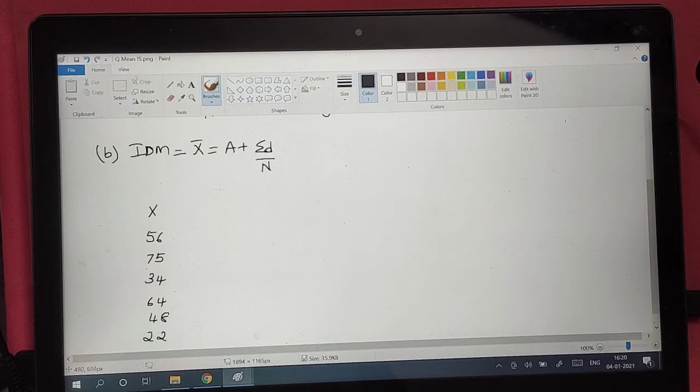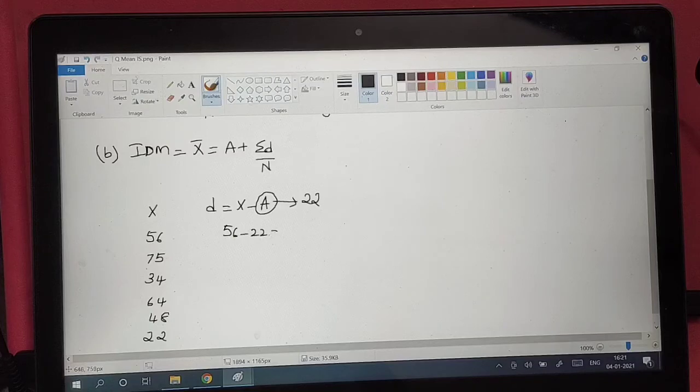As I already told you, d equals x minus a. This a, we can assume to be any number from the x column. I would suggest you take the lowest number because it gives easier calculation. So let me assume my a to be 22, which is the smallest number of all.